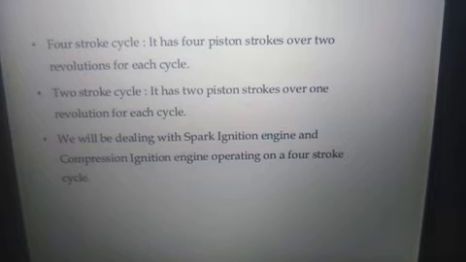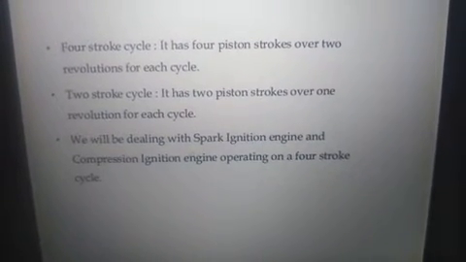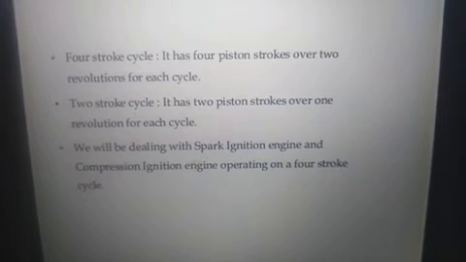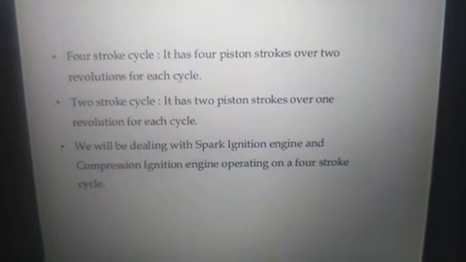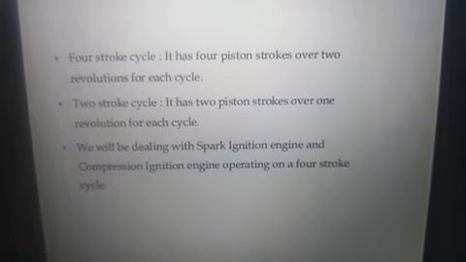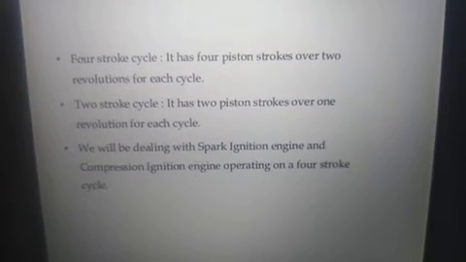Now, the 4-stroke cycle has 4 piston strokes over the 2 revolutions of each cycle. That is, for one revolution there are 2 strokes, and for the other revolution there are 2 strokes. Therefore, this cycle is called a 4-stroke cycle.